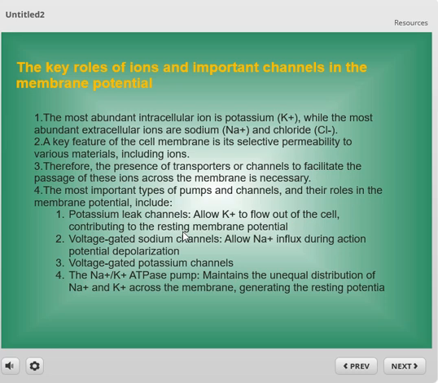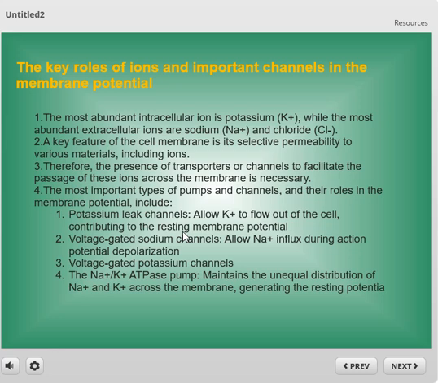The sodium channels allow rapid influx of sodium during the depolarization phase of the action potential, and the potassium channels allow potassium to flow out of the cell, contributing to the negative resting membrane potential, because the cations flow out of the cell, and we have a repolarization phase.